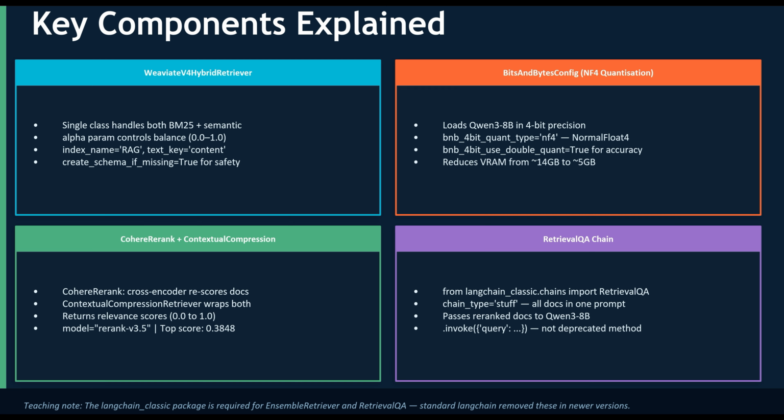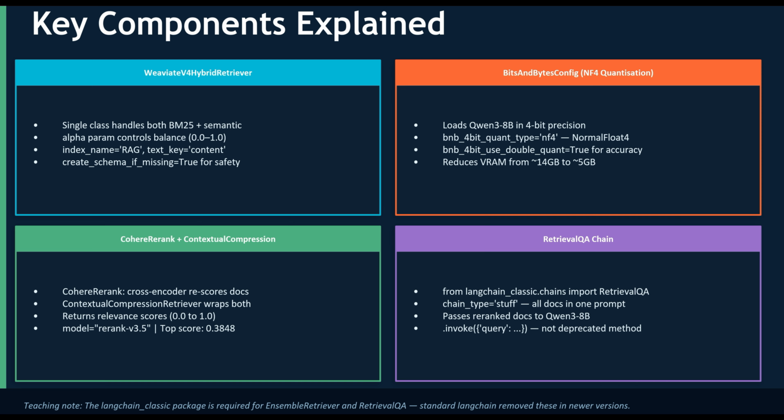You configure alpha for the keyword-semantic balance, point it at your index name, and it handles everything. BitsAndBytesConfig is how we load Qwen3 without running out of GPU memory.